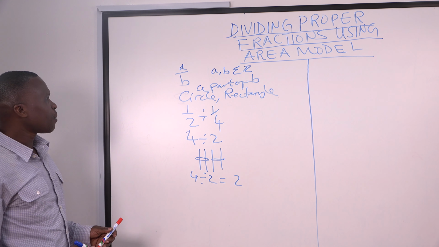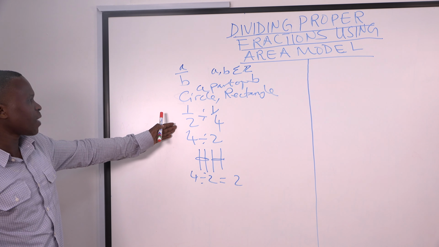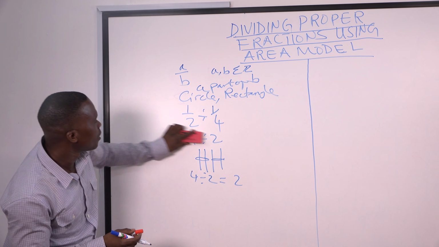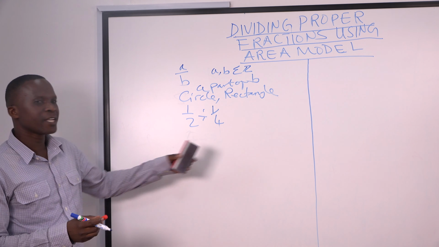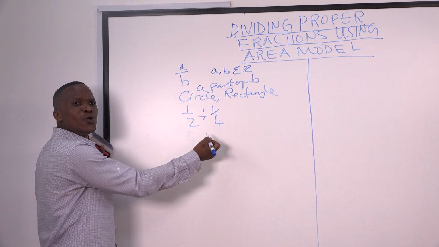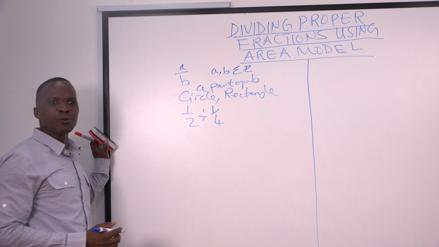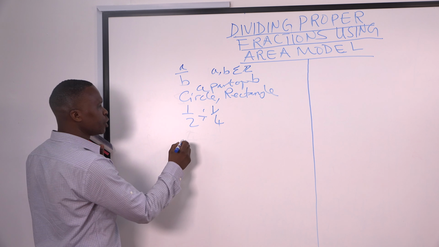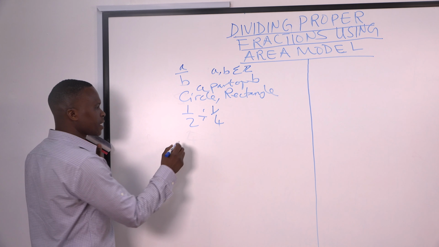So when you are talking about fractions, we need to ask the same question. If you have a half divided by a quarter, you need to ask yourself, how many quarters do you have in a half? By using an area model, like a rectangle as an example, you first need to draw a rectangle.